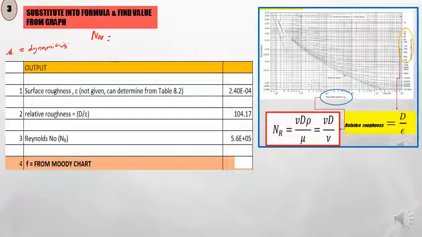Reynolds number equals rho V D divided by mu, which equals V D divided by this kinematic viscosity. So this is actually kinematic viscosity. Don't worry, the symbol is quite confusing. Okay, so this is actually nu, kinematic viscosity. I don't want to confuse it, I just make it capital letter like this.